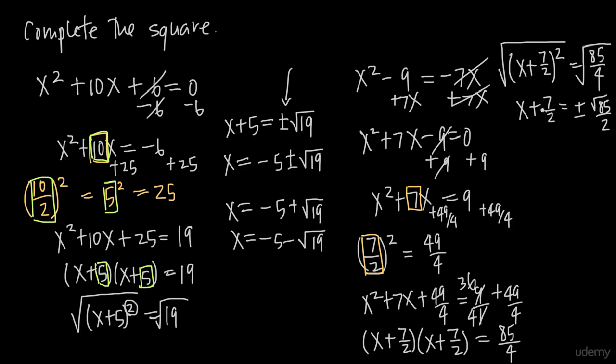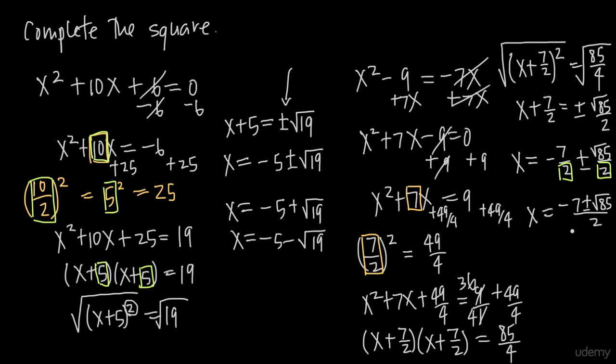Now, in order to solve for x, we'll subtract 7 halves from both sides, and we'll get x is equal to negative 7 halves plus or minus root 85 over 2. Before we call this our final answer, though, what we want to notice is that we have this common denominator of 2 in both of our fractions on the right-hand side, so we can combine these into one fraction and say that our solutions are x equals negative 7 plus or minus root 85 all over 2.